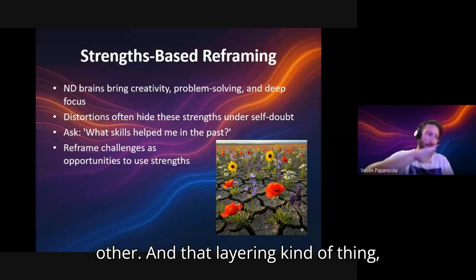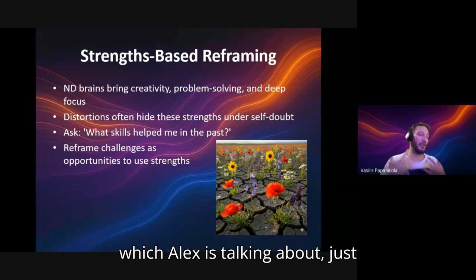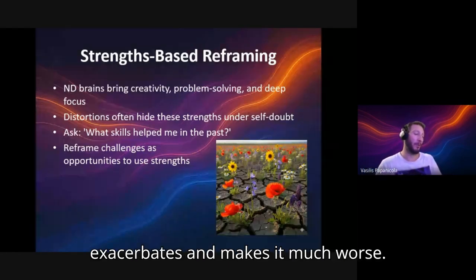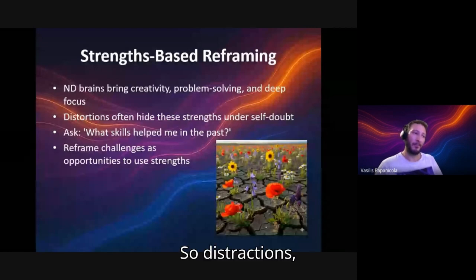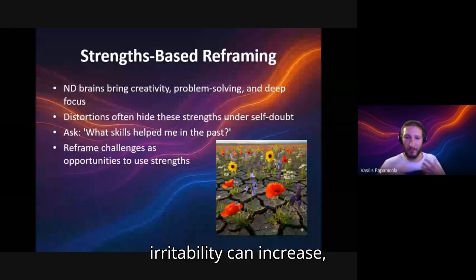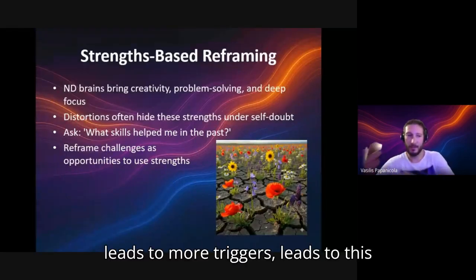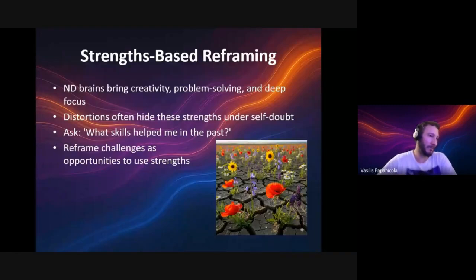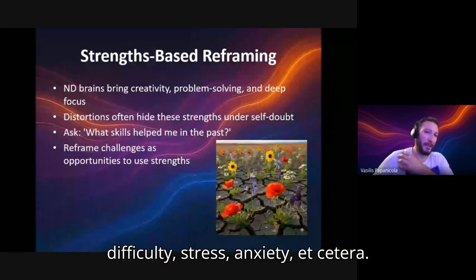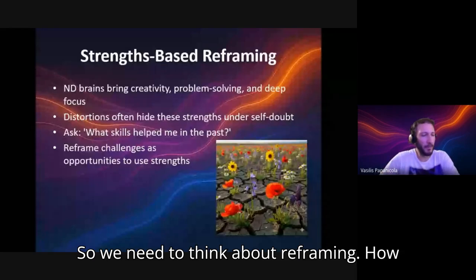And that layering kind of thing, which Alex is talking about, just exacerbates and makes it much worse. So distractions, irritability can increase, leads to more triggers, leads to this cycle of difficulty, stress, anxiety, etc. So we need to think about reframing.